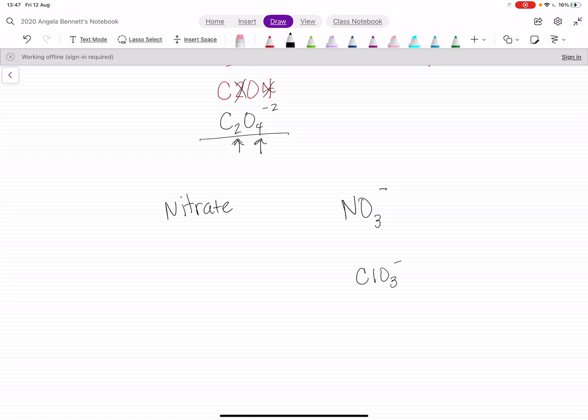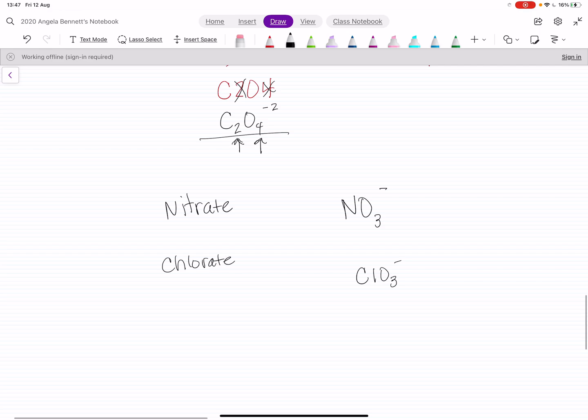All right, you need to know that this is chlorate. What do I have here? I have 1 Cl, so I have 1 chlorine atom, and I have 3 oxygens, and the 3 is a subscript. That tells me I have 3 oxygens, and its charge is a -1. So that's what the symbol is telling me.